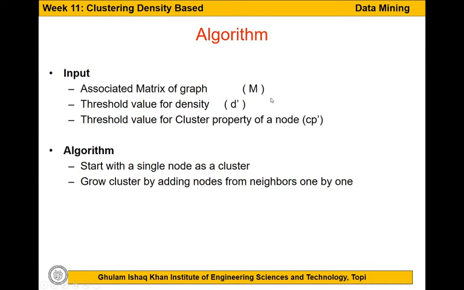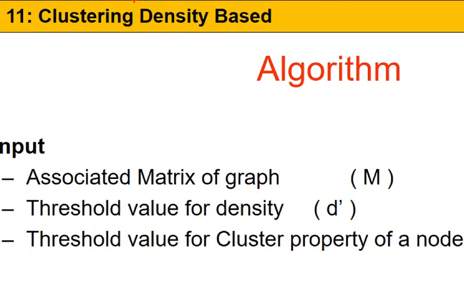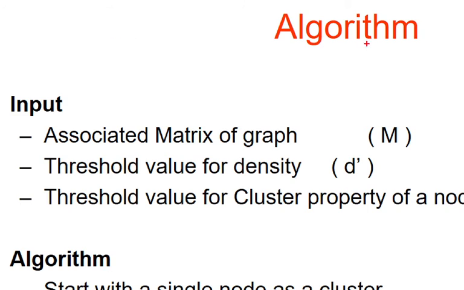But for this particular algorithm, the density based clustering algorithm, our input will not be just the adjacency matrix, but we will give a threshold density as well. This is the threshold which we will be using to extract groups or clusters from a graph.